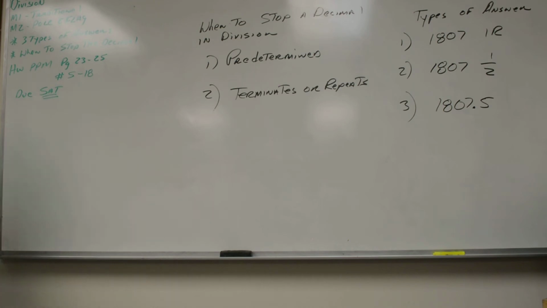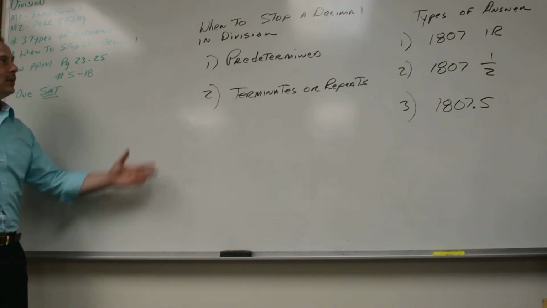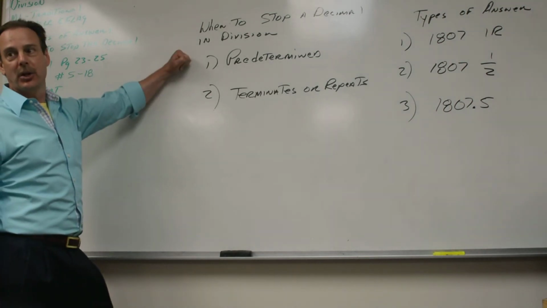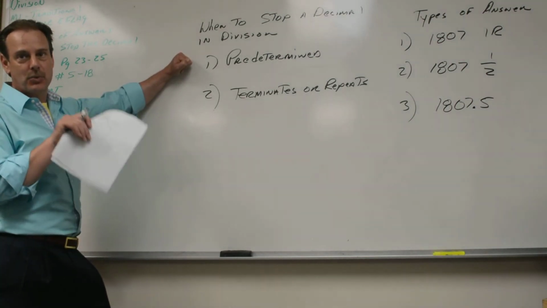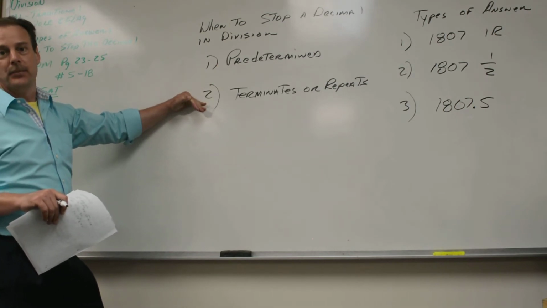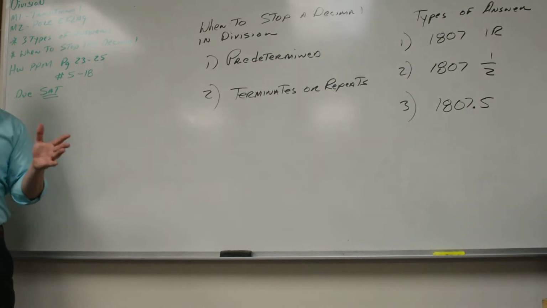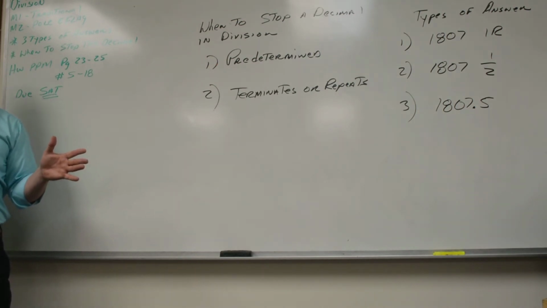Everybody clear on that? So when are we going to stop? If it's predetermined, we're only going to take it to some number of decimal places, which we've already been told, or it terminates or repeats. Since the problems I give you are usually predetermined, they're going to terminate at around 3 or less. So if you take something out to 5, chances are you're making a mistake.